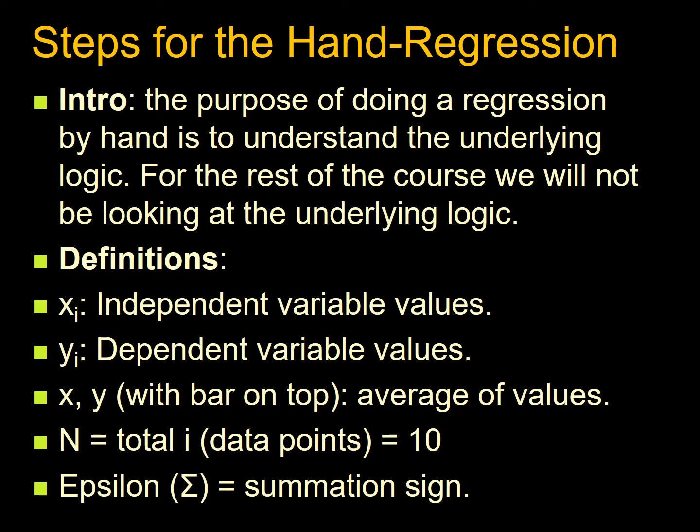X and Y with a bar on top, which we will call X bar or Y bar, mean the average or the mean. It's a typical notation for the average. N is the total number of cases or data points, where i is equal to 1 to 10, which is like a label for each of the different data points.